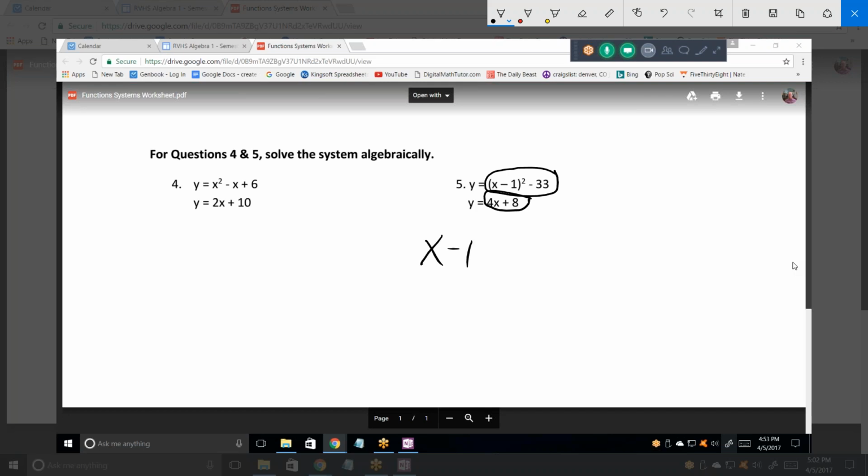X minus 1 squared minus 33 has to be equal to 4x plus 8. In other words, I've eliminated the y. And I can eliminate it because it says y is equal to that. If I said y is equal to a and the same y is equal to b, then you would know that a has to be equal to b. That's all we're doing. Alright.